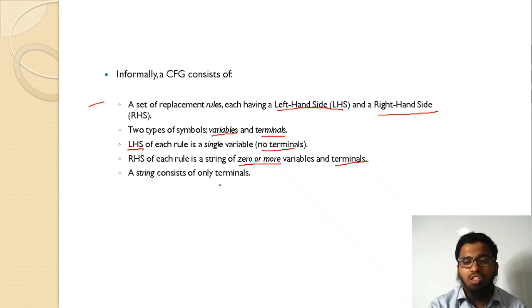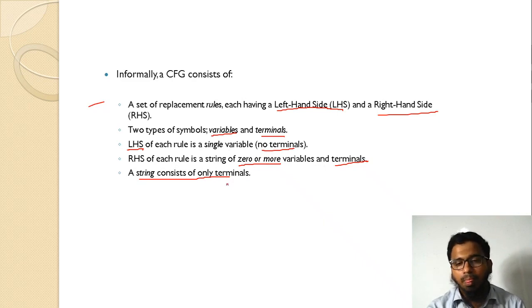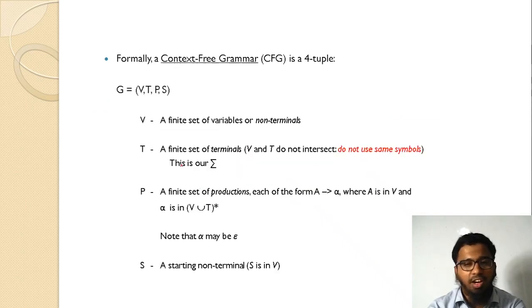Strings consist of only terminals. So what is this terminal and non-terminal? Terminal is something you cannot go further on; non-terminal means that is a variable. When we see the problem at that time you will easily understand.